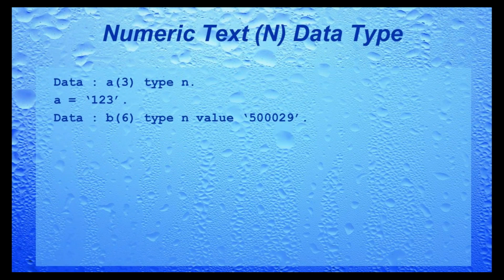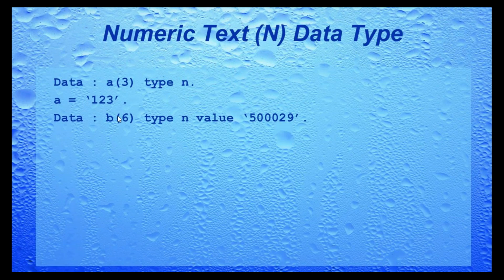Now here, numeric text data: in numeric text you have to mention the length, and the default length will be 1. We can also assign the value in the declaration itself instead of going for the next line.